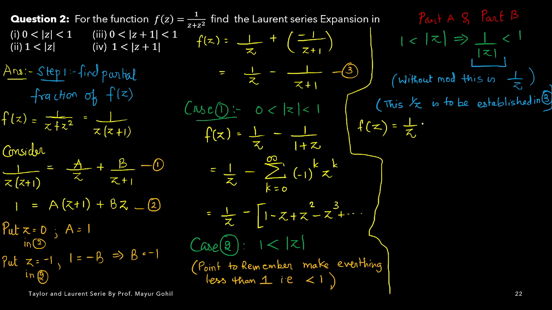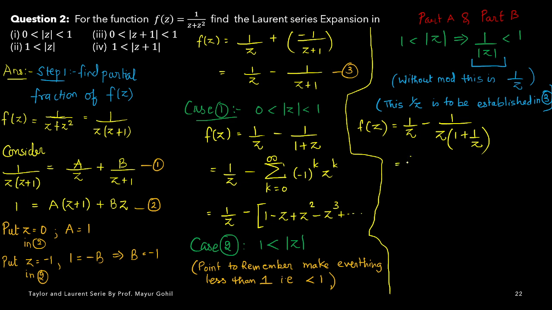A little mathematical manipulation: take z common. If I take z common, it will become 1 upon 1 by z, right? This is what will happen in the second part over here in equation 3. Now we have already seen the expansion of 1 upon 1 plus z. Now observe here.